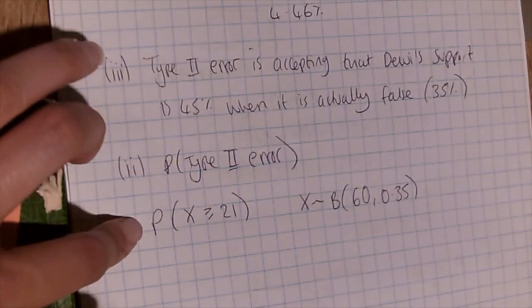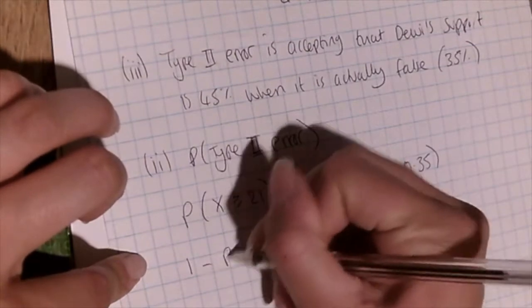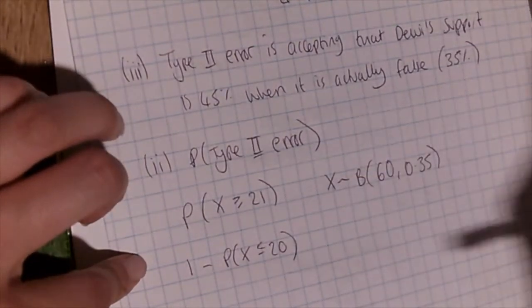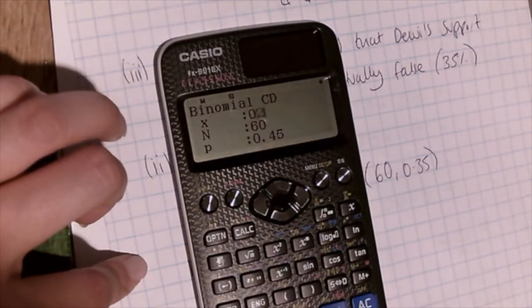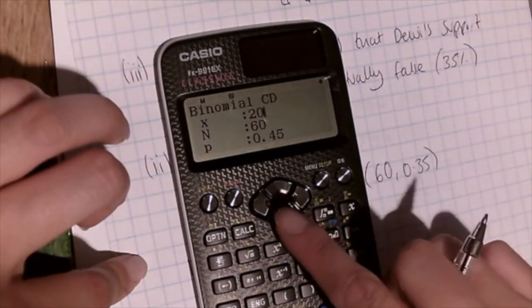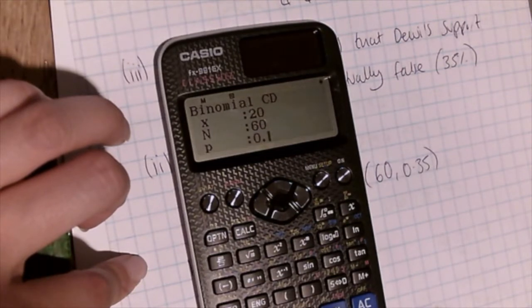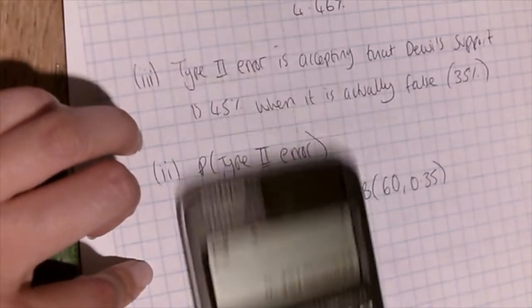Now our calculators or tables couldn't look up a greater than or equal to, so we have to do 1 minus the probability x is less than or equal to 20. So on your calculators, our x is 20, our n is still 60, but our p is 0.35 now, not 0.45. So it's 1 minus this.